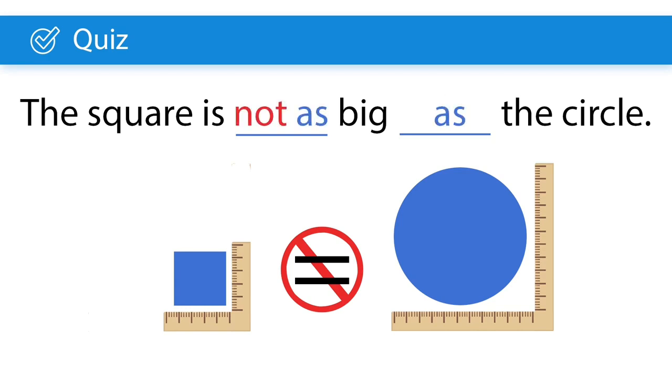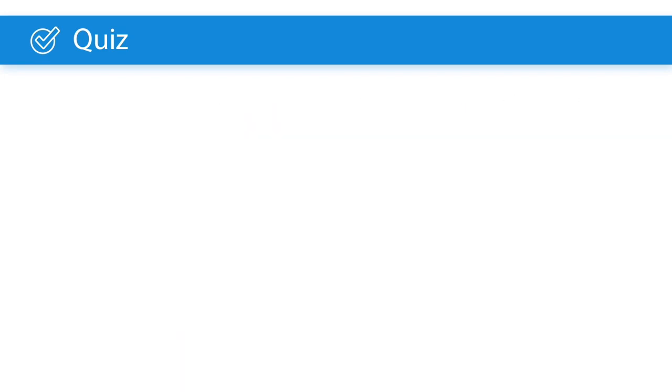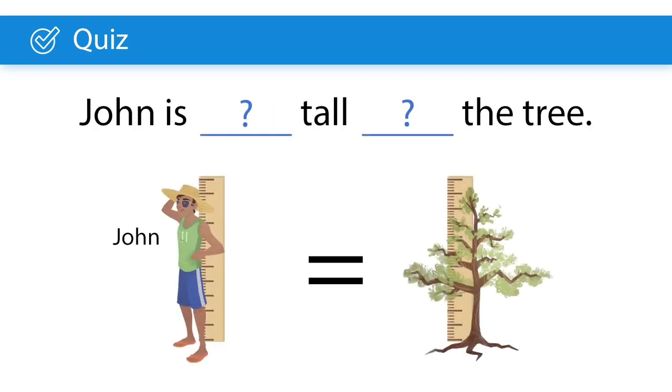The square is not as big as the circle. John is as tall as the tree.